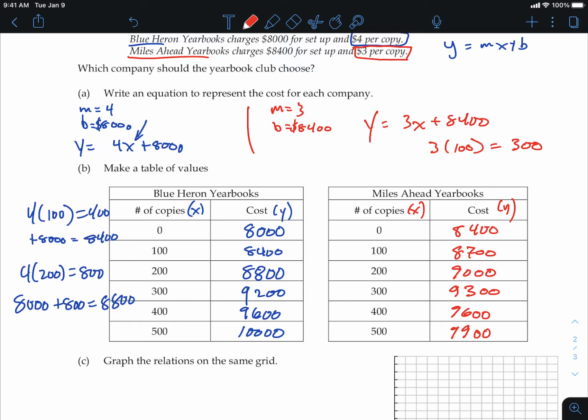So when I order 400 yearbooks, the price is the same between both companies. If you go here, look, 400 and 9,600, 400 and 9,600. That's your point of intersection. So that's like a decision point, okay?